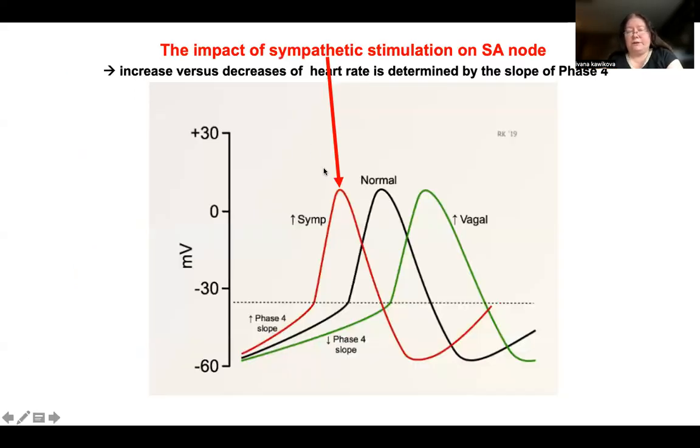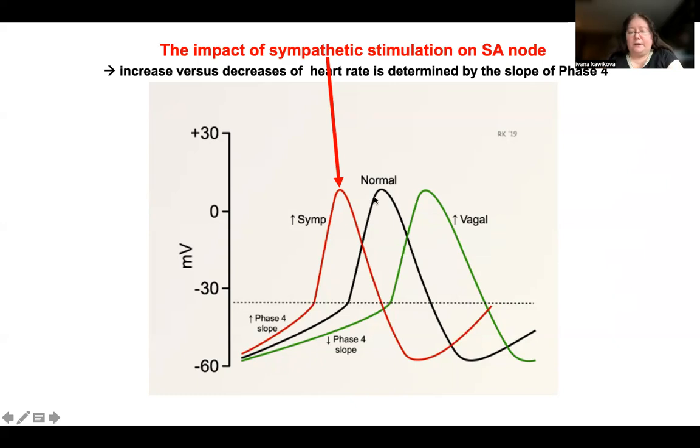On this picture is depicted how the sympathetic system affects the sinoatrial node, the pacemaker of the heart. You see here, marked with the black pen, the normal pacemaking activity. In the case of the SA node it is about 70, in the case of the AV node about 40 beats per minute.